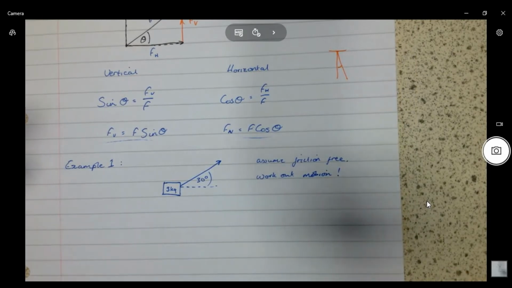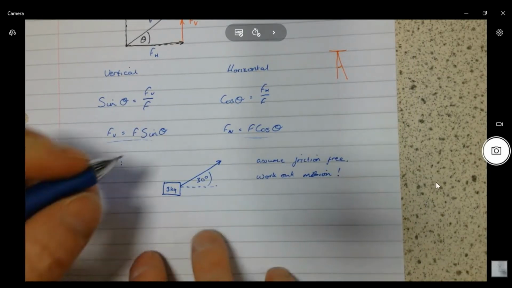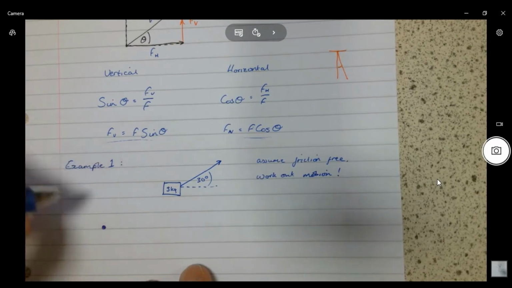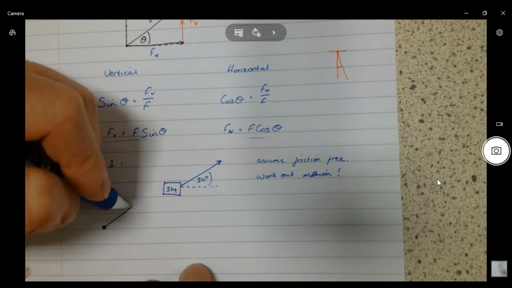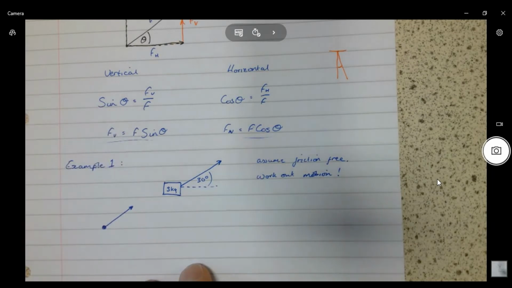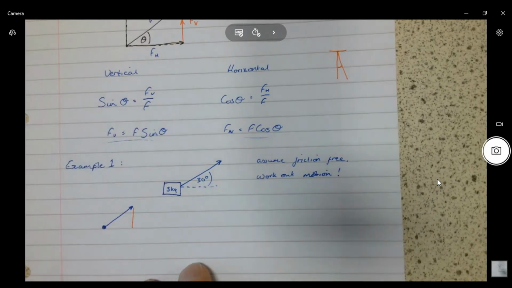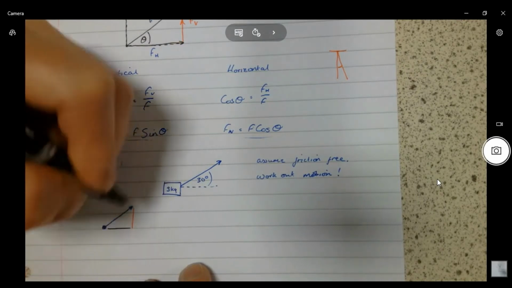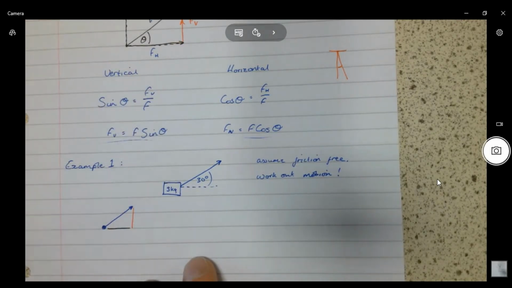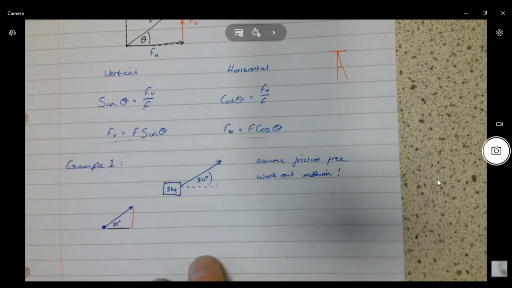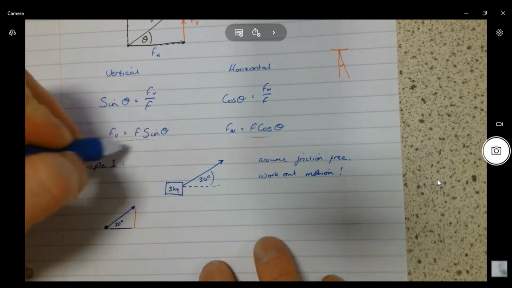First of all, we're going to split up the forces into component parts. So I'm going to start with a free body diagram. I'm going to have 30 degrees, vertical force and horizontal force. 30 degrees, so I can just use these up here.